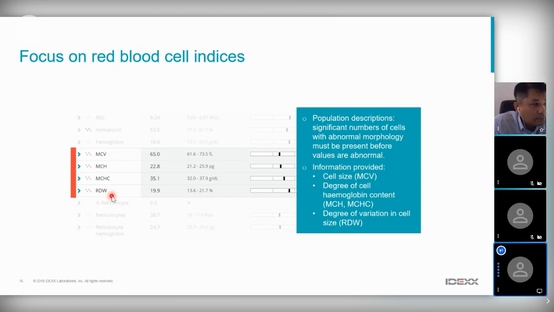So all these are the population descriptions because these are the mean values, and a significant number of cells with abnormal morphologies must be present here before there is any abnormality shown in these indices.